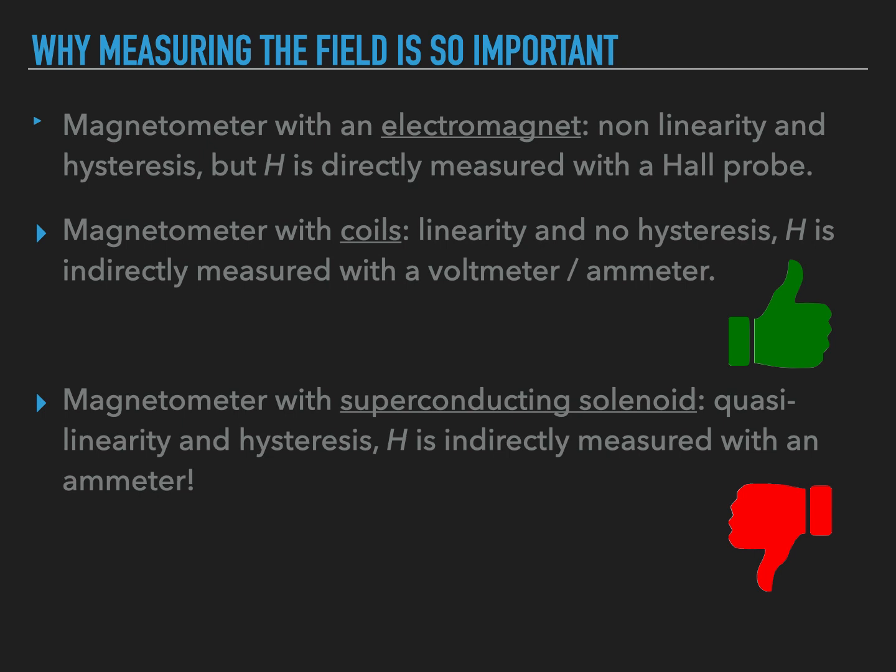And in spite of that, the magnetic field is still indirectly measured with an ammeter, so you measure the current flowing in the coil, and not directly the magnetic field, mostly because there are almost no Hall probes that are capable of doing magnetic field measurements at cryogenic temperatures. We will see quickly why this is going to be a big problem.